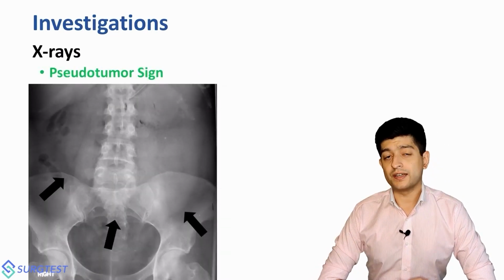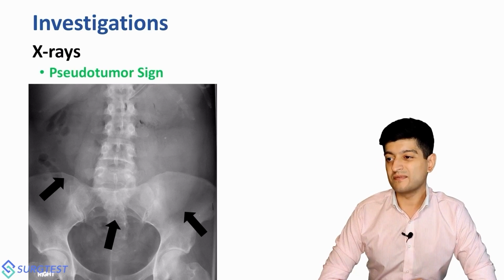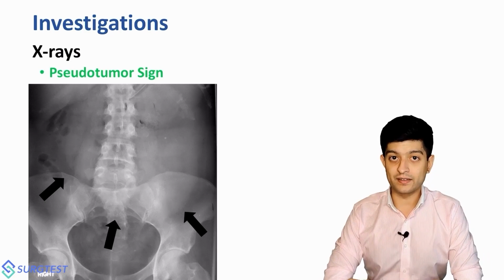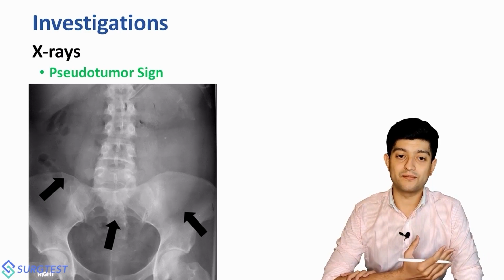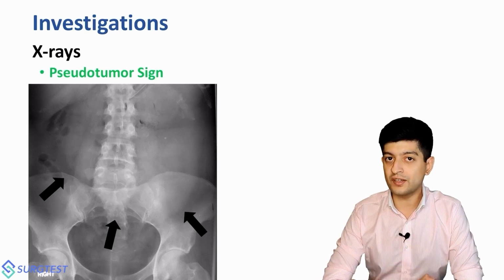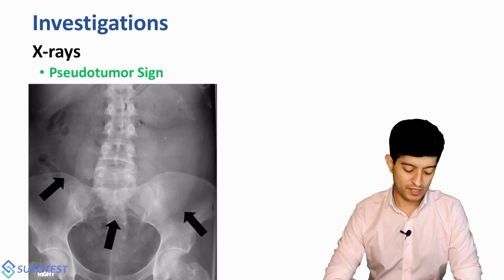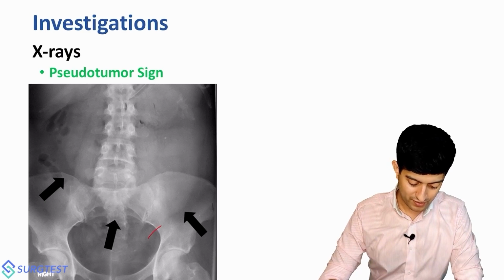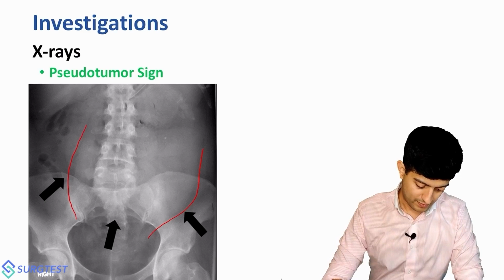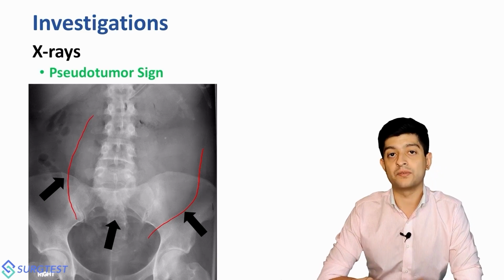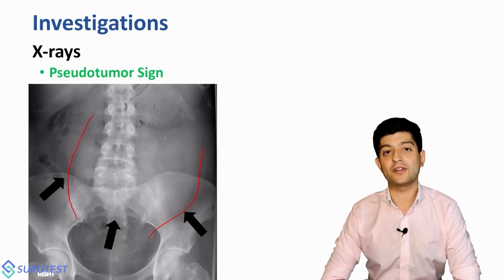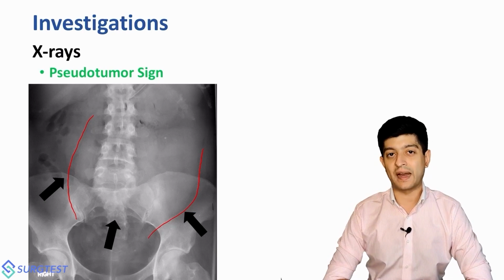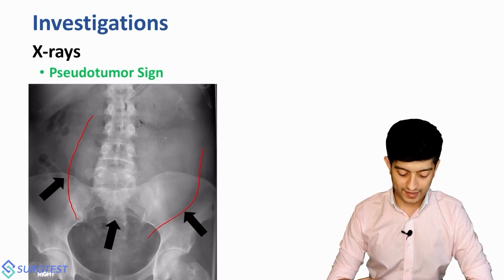If the obstruction is fairly bad and there is barely any air, the grossly dilated intestine can create a sort of opacity that mimics a tumor, which is why this sign is called the pseudo tumor sign. You can appreciate there's a vague little border delineating the bowel from the surrounding area. So you may think there's a soft tissue tumor, but essentially that's just badly dilated bowel with scant air inside.